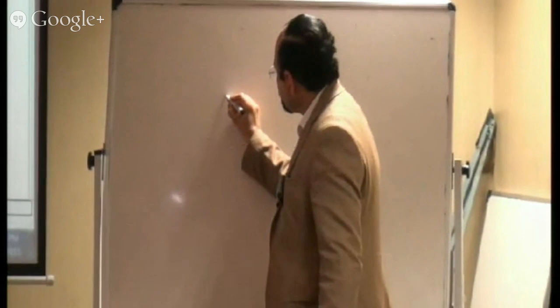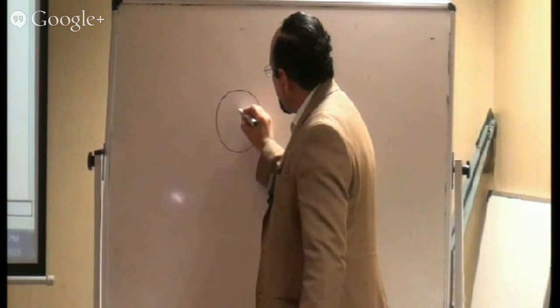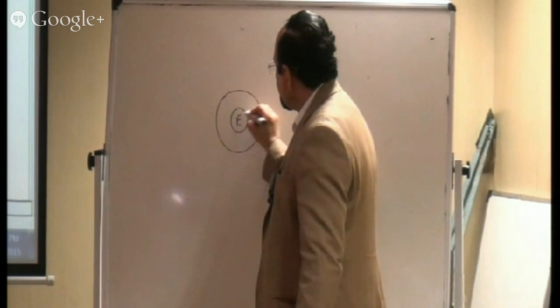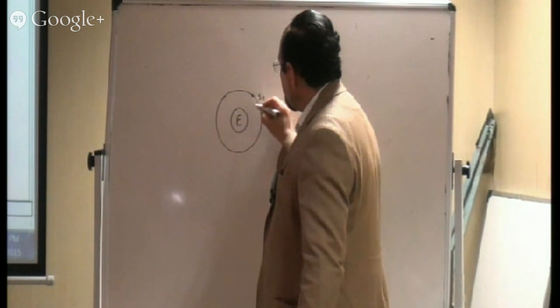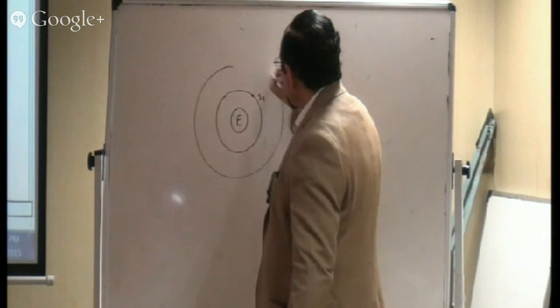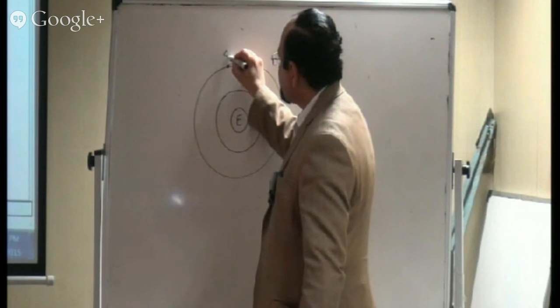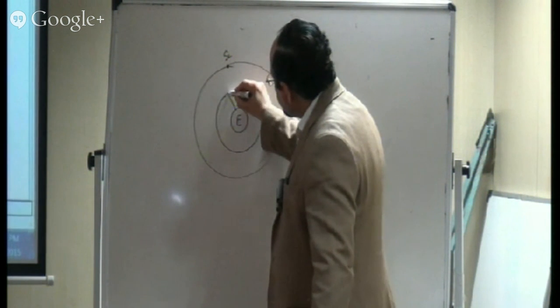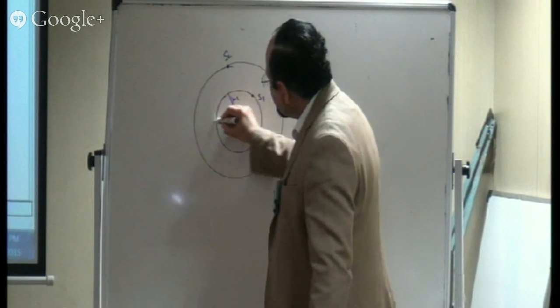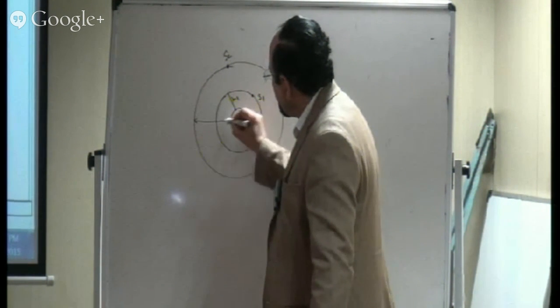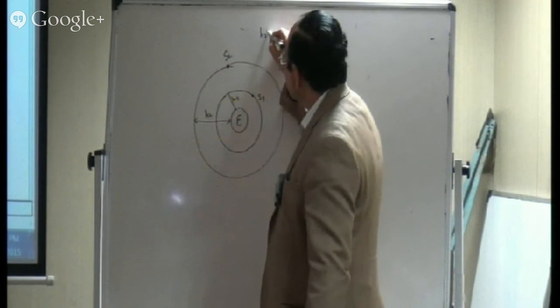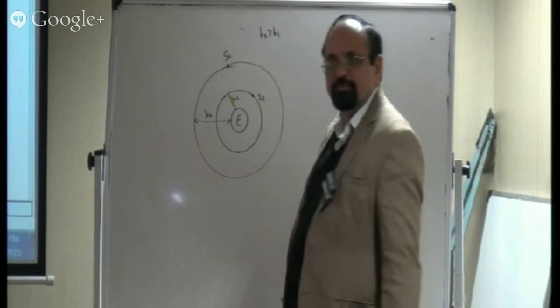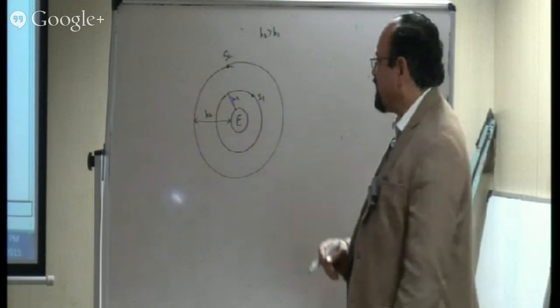Suppose this is Earth, this is a satellite S1, satellite S2. This exercise will actually teach you all these things in detail. This height is H1, and this height from here to here is H2, and obviously H2 is greater than that of H1. Let's do a very simple exercise.